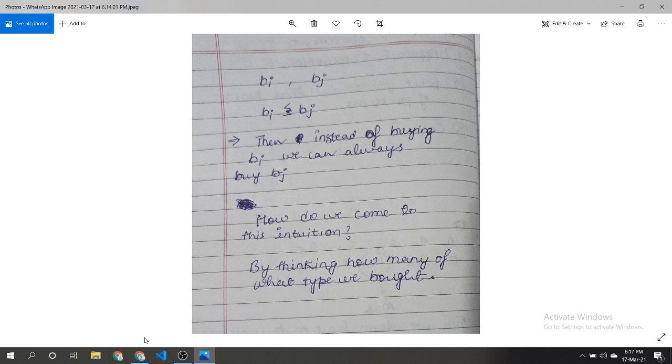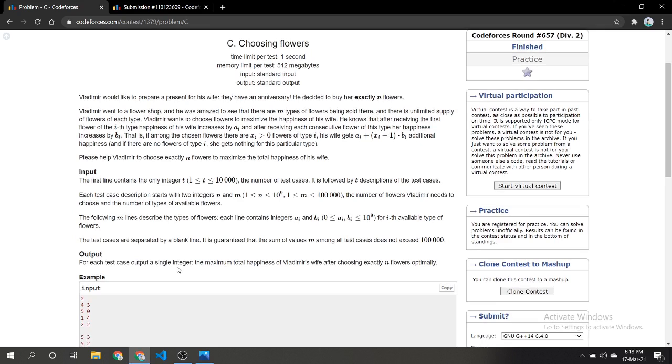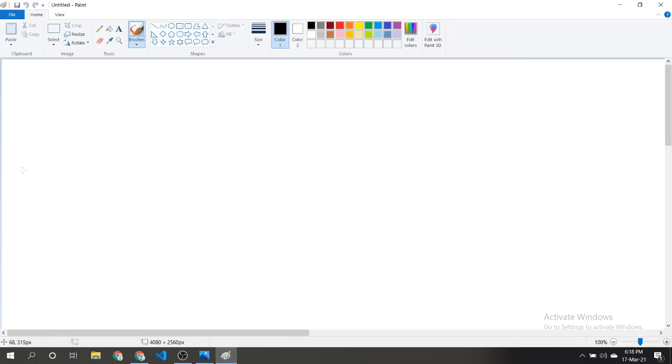As we come to the point that we won't have to buy a second flower of more than one type, we can approach this problem by iterating through all the flowers and saying, let's say we bought some flower of the first type, and then whatever the rest of the flowers we have to buy, we will buy from this type. Let me explain with an example.